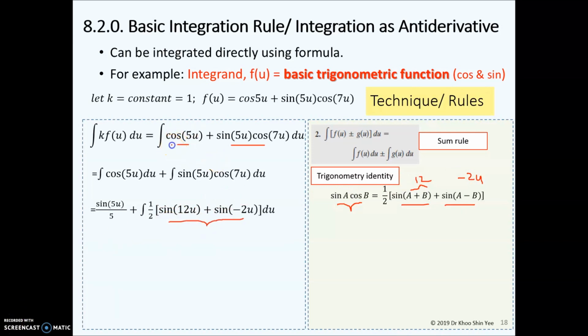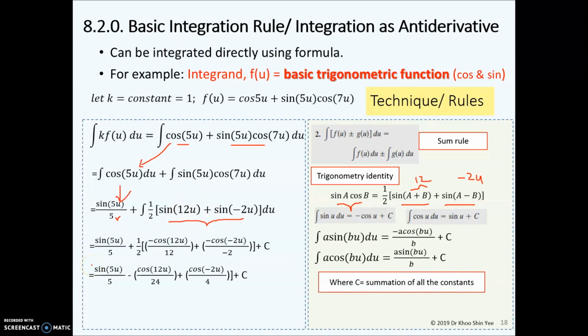So basically on the left, cos, you integrate, you get sine 5u divided by, you differentiate 5u inside, you get 5 at the bottom. Let's continue with this. So 1 over 2 you remain, and sine, you integrate, you get negative cos.